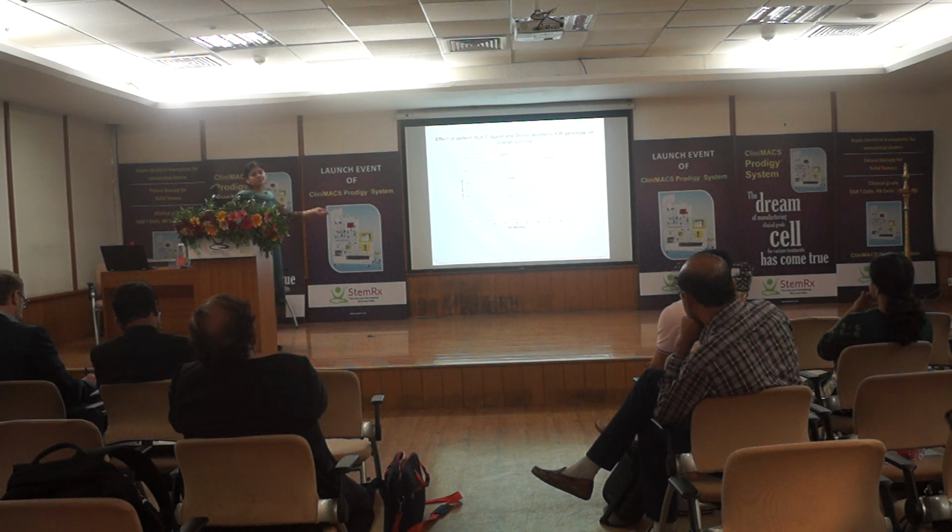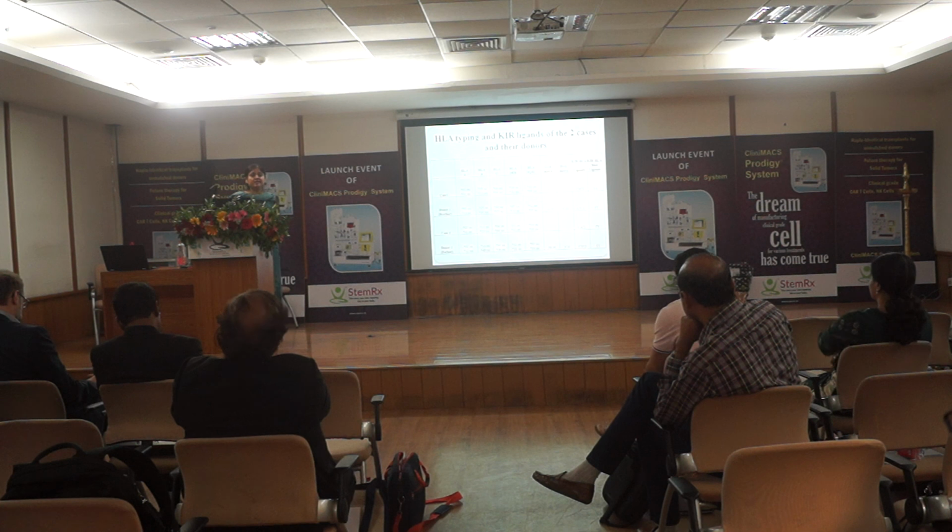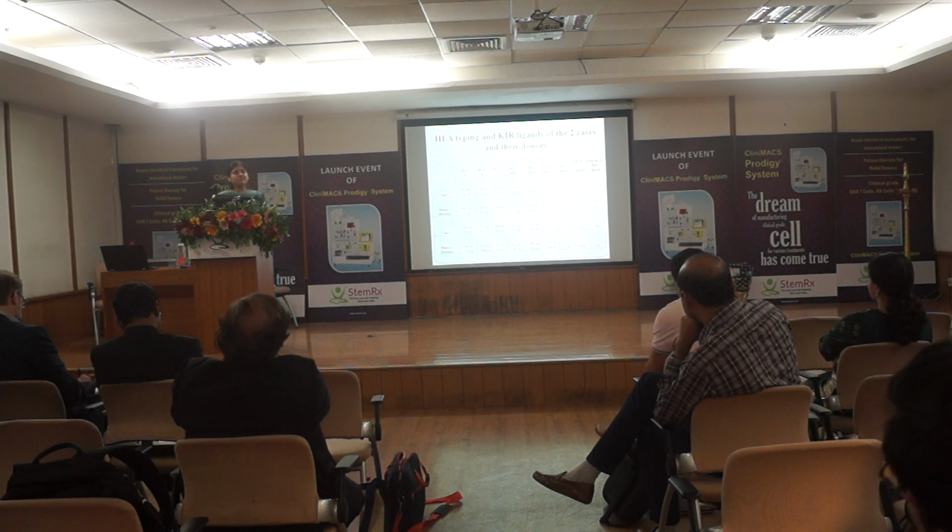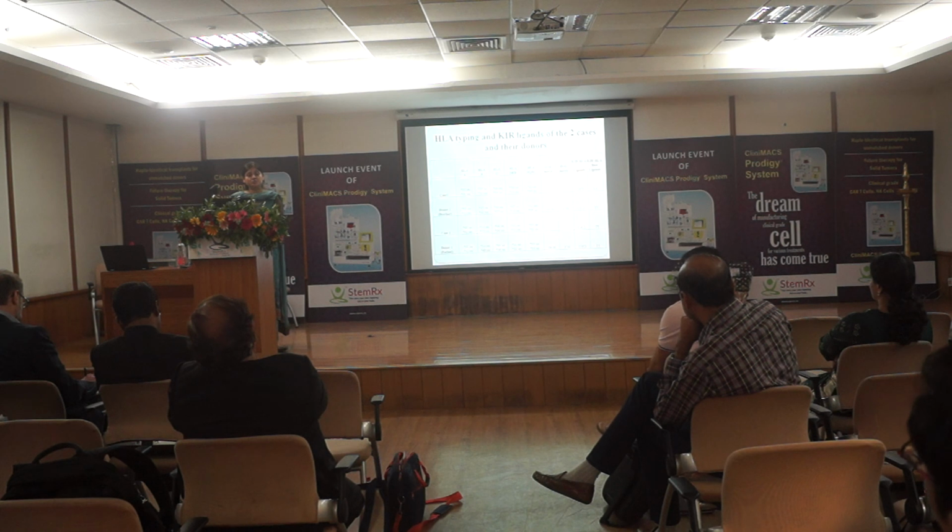This showed a trend but did not reach a significant level. So the data, when we analyzed it, led us to form a hypothesis which we implemented in our clinic, wherein the donor is screened not only based on the HLA type, but also based on the HLA ligands present in the patient and the KIR genotype present in the donor.